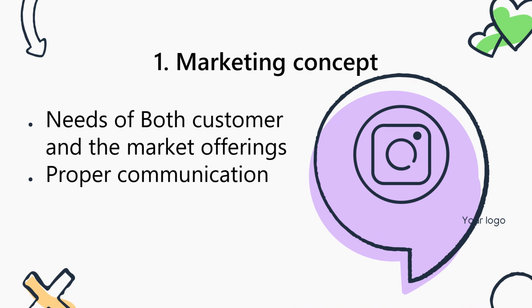One of the most famous contemporary marketing approaches is the marketing concept. This covers the needs of both customer and the market offerings, and for the marketing concept, it needs to have proper communication, for example, on how you will communicate your product to the customers. A healthy contemporary marketing strategy includes prioritizing the needs and desires of consumers and creating a product or service that satisfies the needs.